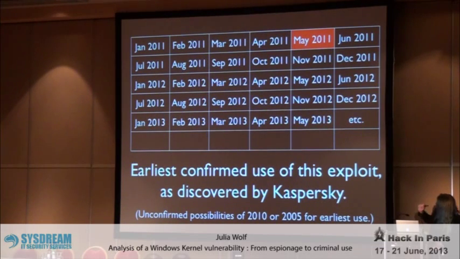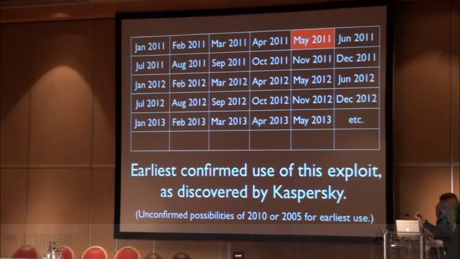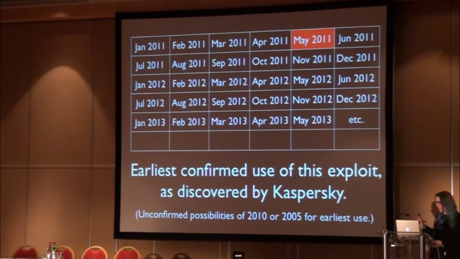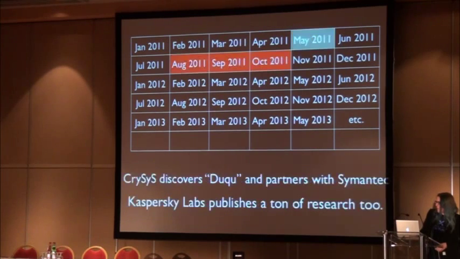So this particular exploit, the first confirmed sighting of it, Kaspersky found a sample back in May of 2011, although there seem to be some indications that it may have been in use in 2010, or possibly as early as 2005, although I'm not certain about that anymore, because there's an anachronism with the metadata, so I think it'd probably be at least 2006 for the absolute earliest. Either that or somebody changed the metadata around. I'll show you that in a moment.